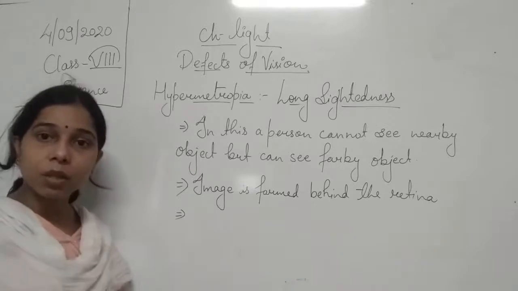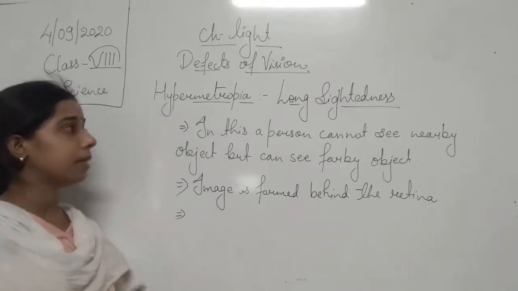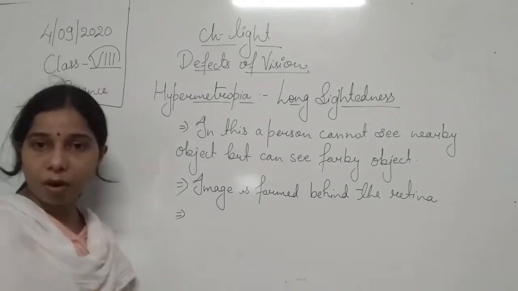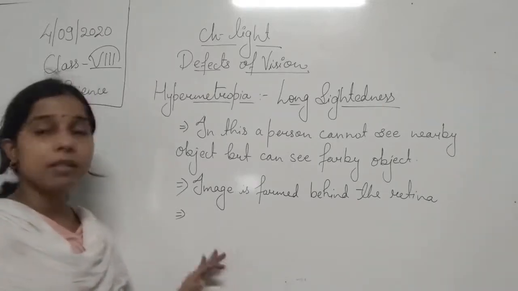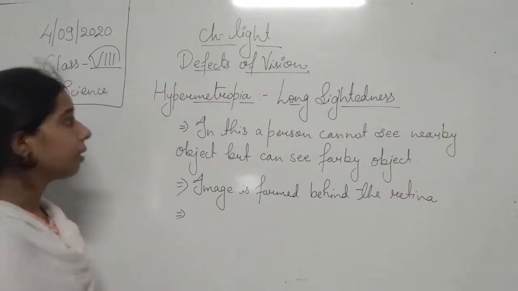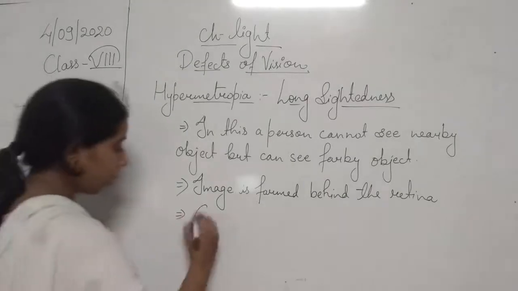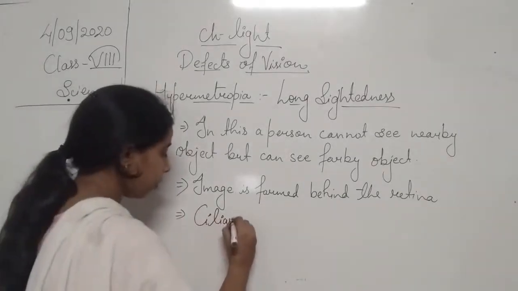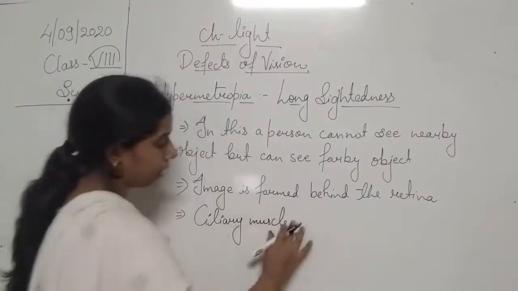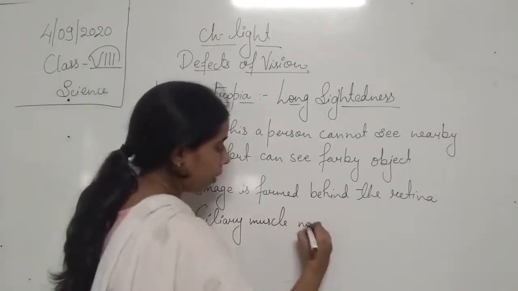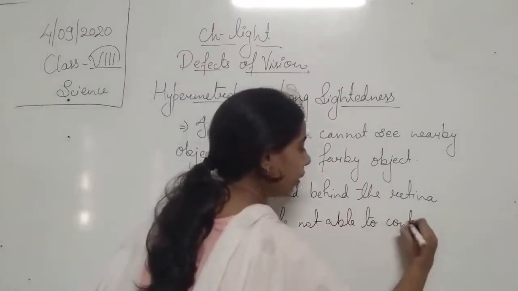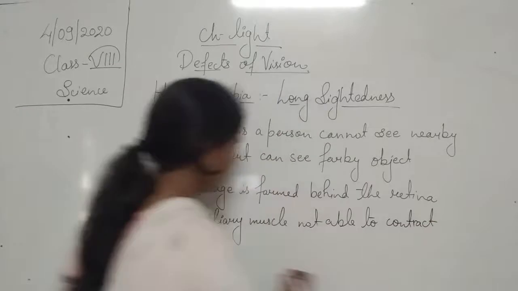If the ciliary muscle contracts properly, then the person is able to see the nearby object. But here, since the ciliary muscle is not able to contract properly, it will cause hypermetropia.